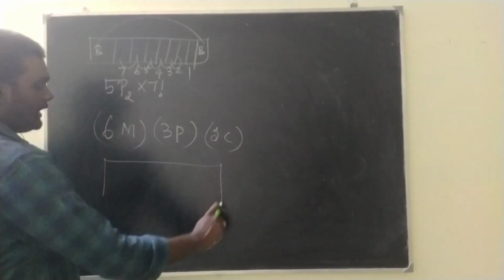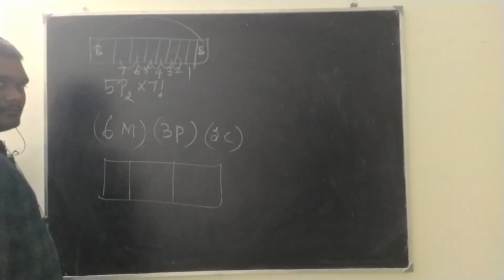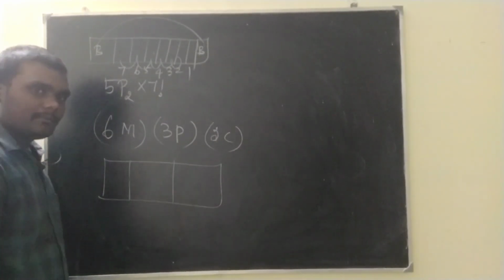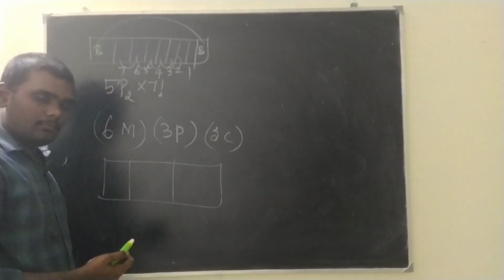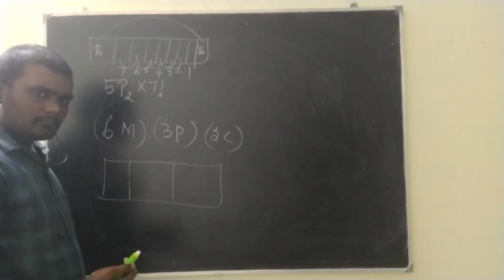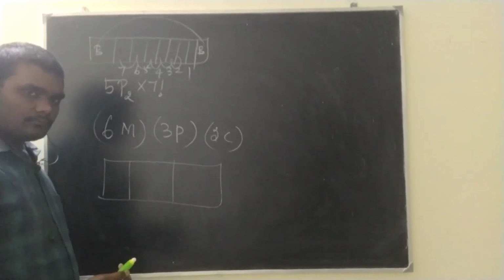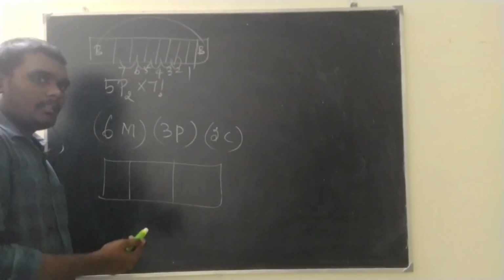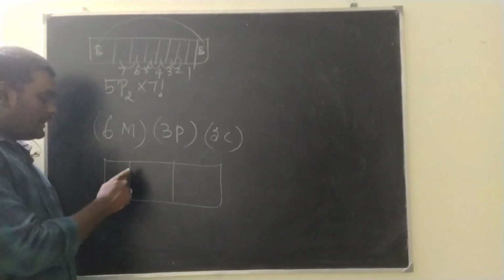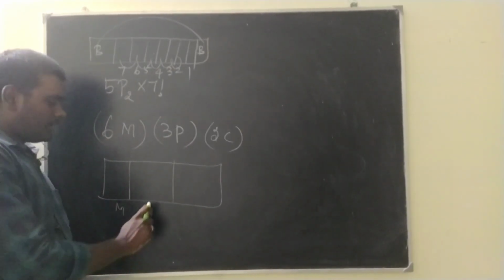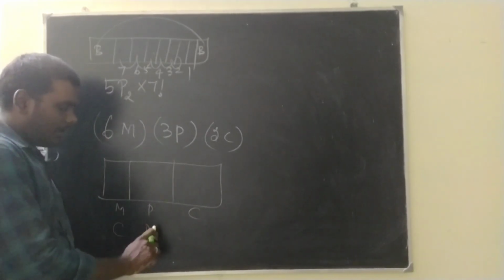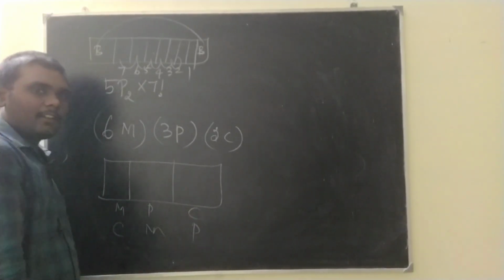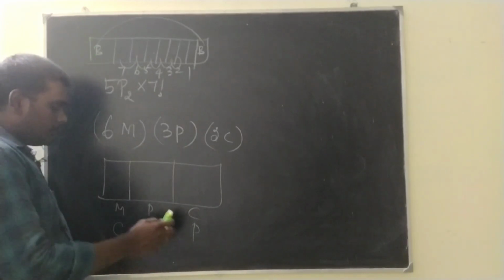So we'll make the shelf as 3 racks. Look here. Either we can give this rack to maths, this rack to physics, that rack to chemistry, or else CMP. Likewise, how many ways can this be arranged?